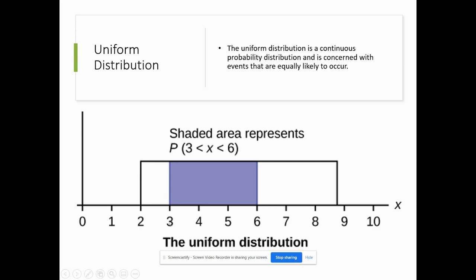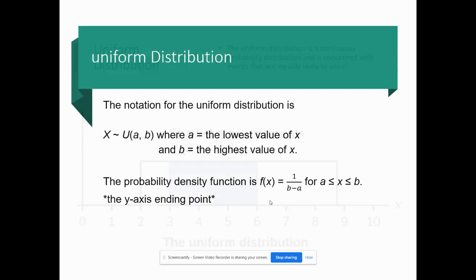So here, if you can see, this distribution goes from 2 to 8.75, and I'm looking at the purple from 3 to 6. The notation for uniform distribution is the distribution approximates U with A comma B, where A is the lowest value and B is the highest value.